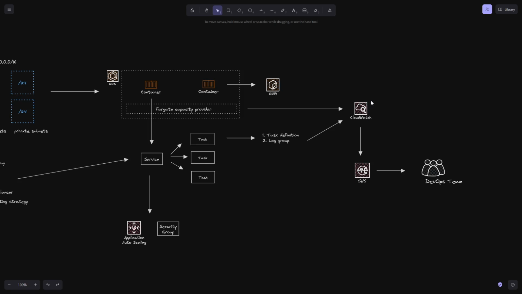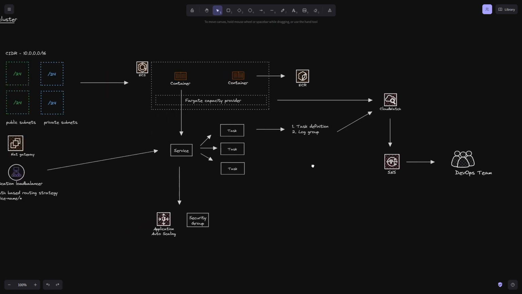So what we want to do is, when our tasks are crashing or they are consistently hitting certain thresholds, we're going to send an event to SNS, which will send a notification to our DevOps team, so that they're able to look at what is causing that application to consistently be hitting those thresholds. Is it traffic or is it something else? So this is sort of like an alerting strategy for the teams that are involved within the cluster.